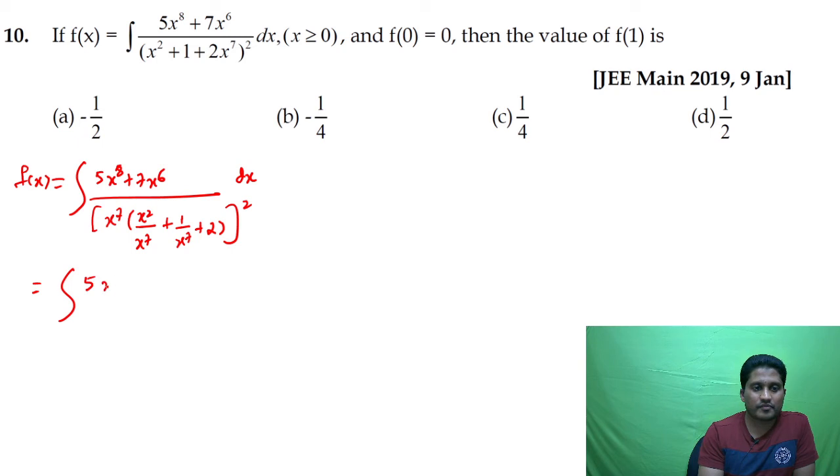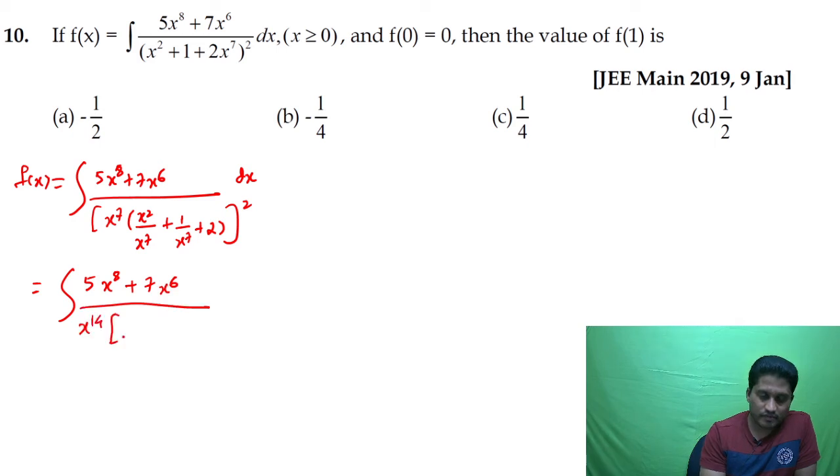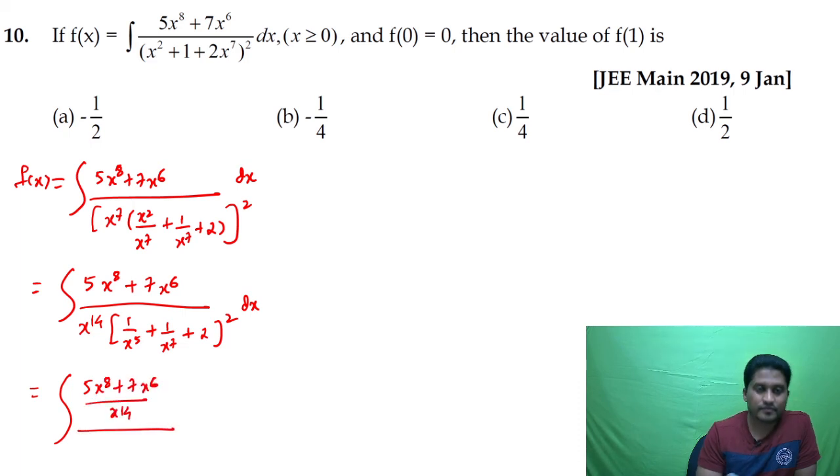Okay, so this becomes 5x to the power of 8 plus 7x to the power of 6 upon x to the power of 14 and 1 by x to the power of 5 plus 1 by x to the power of 7, and then this is plus 2 the whole square. Okay, if I take this to numerator and divide, this is 5x to the power of 8 plus 7x to the power of 6 upon 14, x to the power of 14.